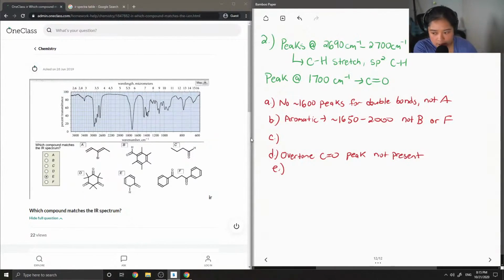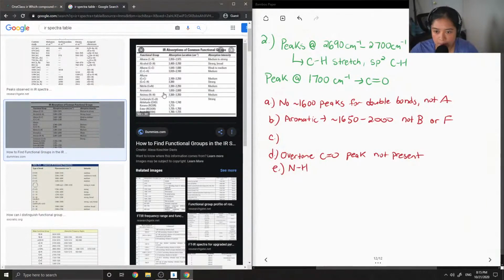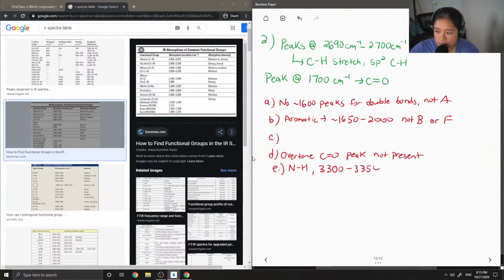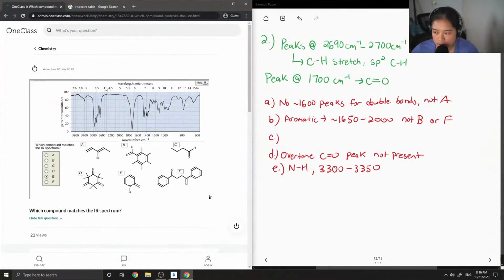E has an NH group. So let's look at the peak we expect for NH. So you expect to see it at 3,300 to around 3,350 inverse centimeters.